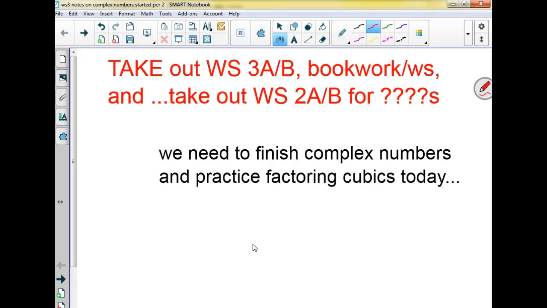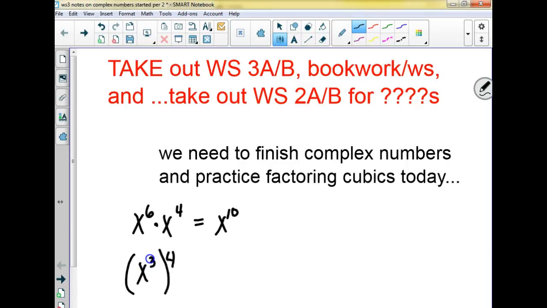This is what I want to talk about real quick, just as a review. If it said x to the 6th, this is a warm-up question here, times x to the 4th, that would be what, guys? X to the 10th. Everybody okay with those rules? If it said x to the 3rd to the 4th, it would be what?